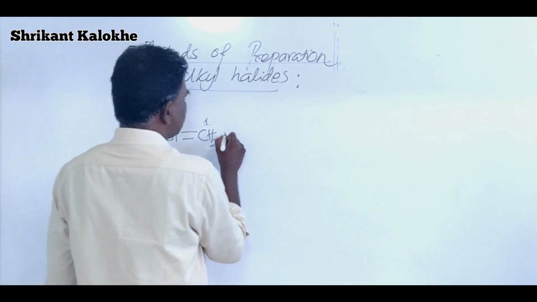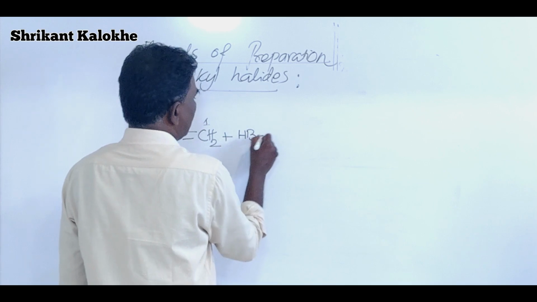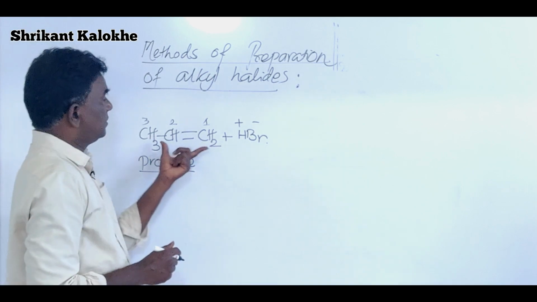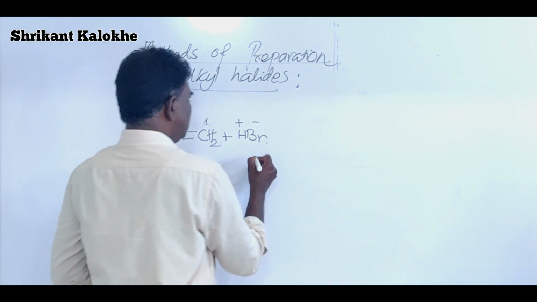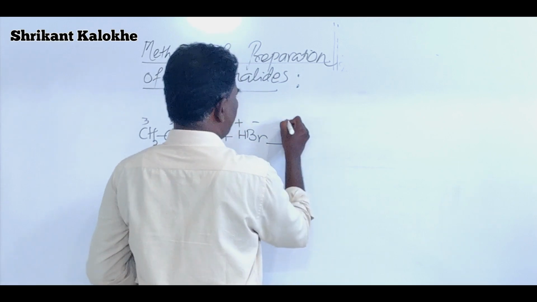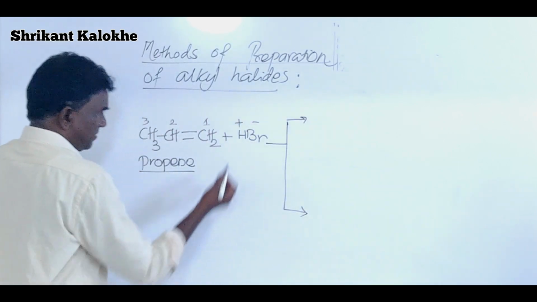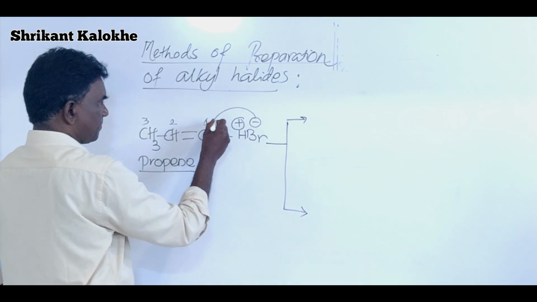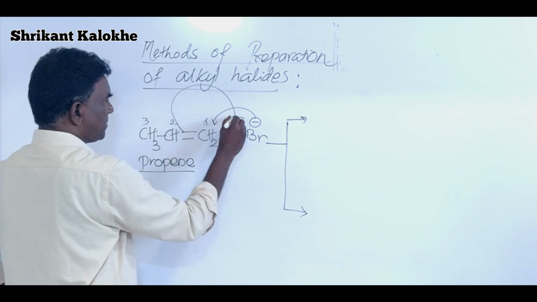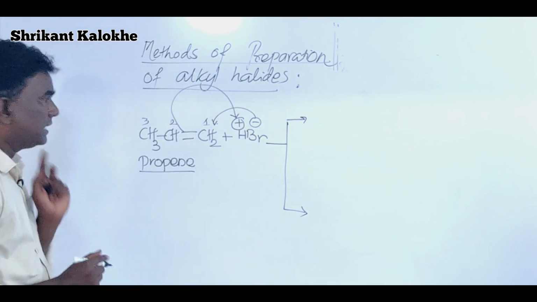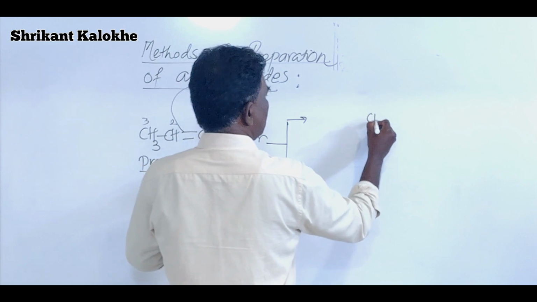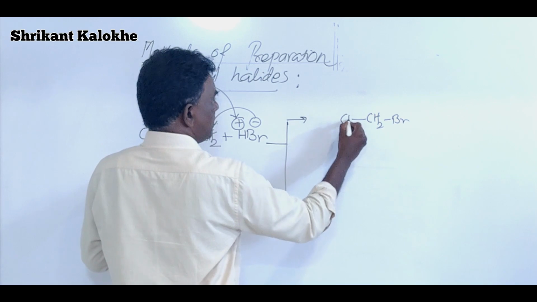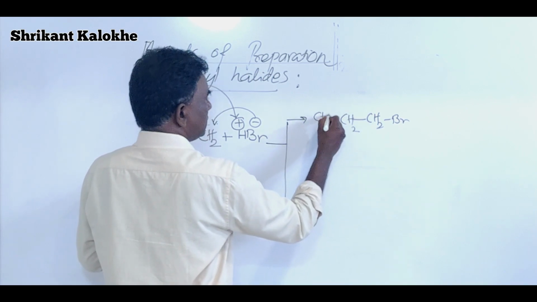And if halo acid is to be added in this case, HBr, for example H+ Br-, then here are two different products possible. First possible product is that if Br- is attached to first carbon and H+ is taken by second carbon, then the product will be: first carbon Br attached and second carbon hydrogen is added and this is third carbon.